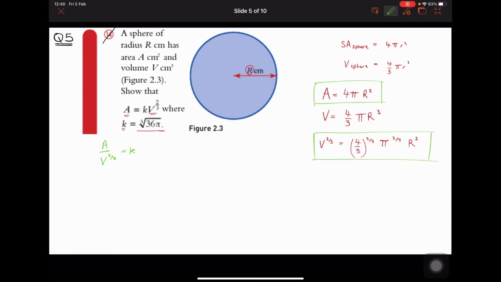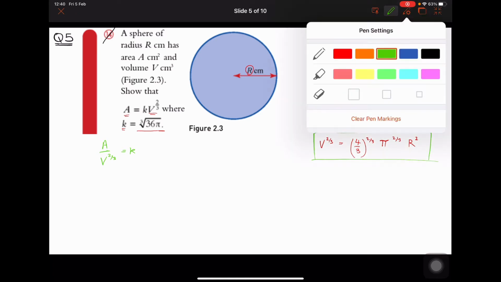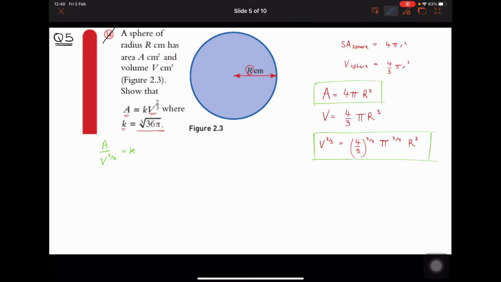I'll write it here. Okay. 4 pi r squared over 4 over 3 pi to the 2 over 3 r squared.